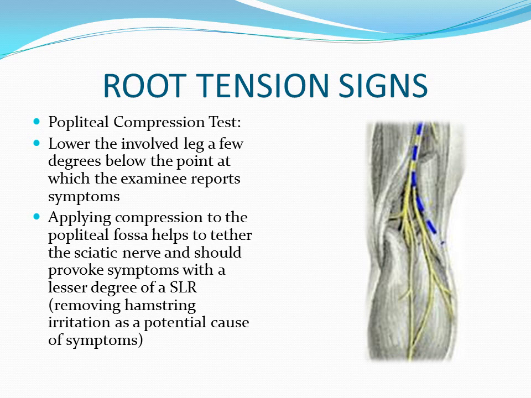And in the presence of irritation of the nerve roots, this should provoke symptoms with a lesser degree of hip flexion angle than does the straight leg raise maneuver. So the popliteal compression test is a confirmatory maneuver to confirm the cause of the pain as being due to the lumbar spine nerve roots.